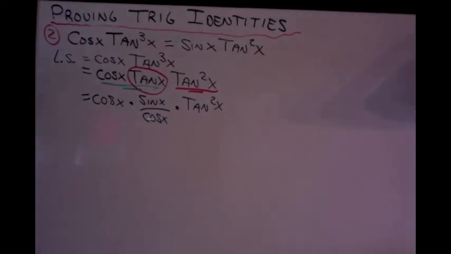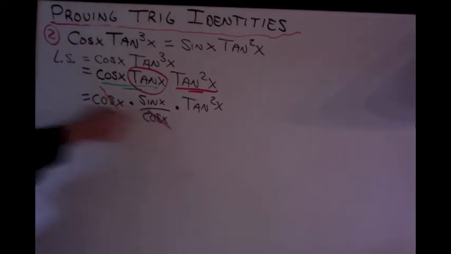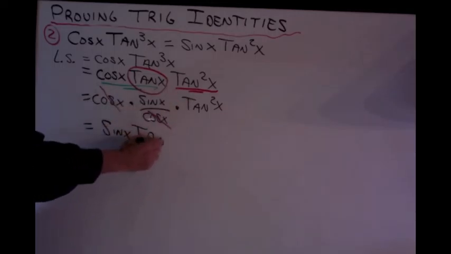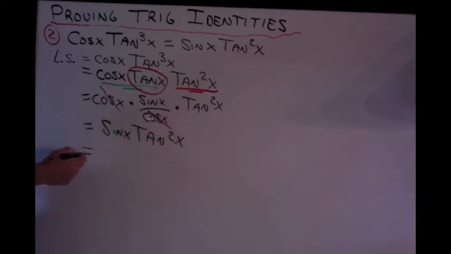So when you see something in the numerator position that's exactly the same as something in the denominator position, they wipe each other out. And then all we're left with is this sine x along with the tan squared x, which we can clearly see is our right side.